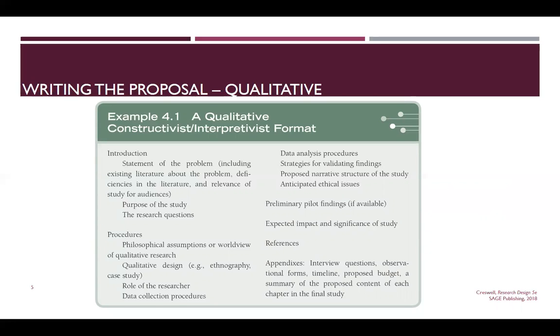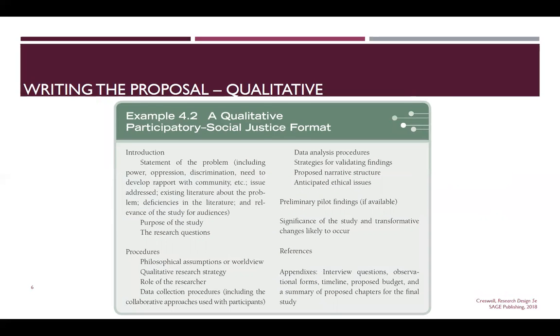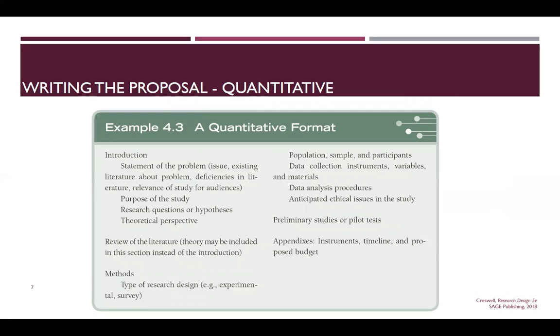So I'm just going to scroll through these next two slides. These are in your text, and these outline the core components of a proposal, in this case, a qualitative one from a constructivist or interpretivist format. This is from a social justice or transformative process. A quantitative format might include something that looks like this.